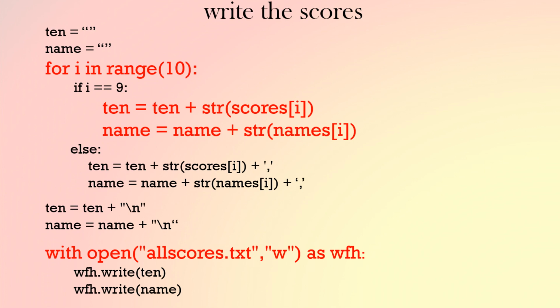So then each of the scores and the names all gets put into one string. So here's an example where we've used 10 as the string name and name as the string name, and we just add the scores and the names together as 2 strings and then write them into the allscores.txt text file that we use for our scores.